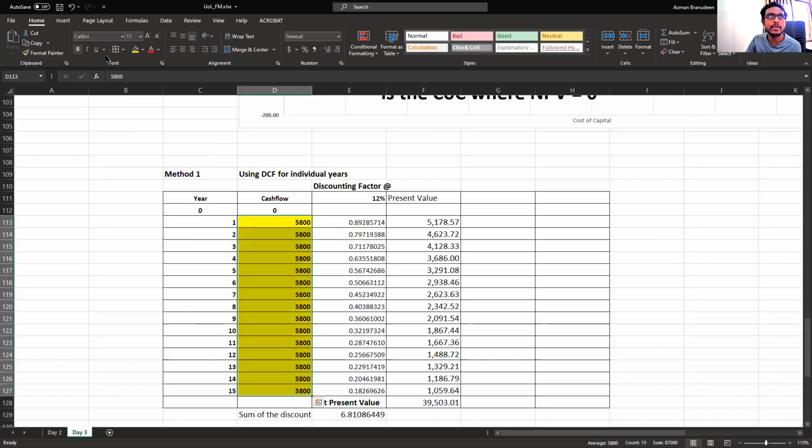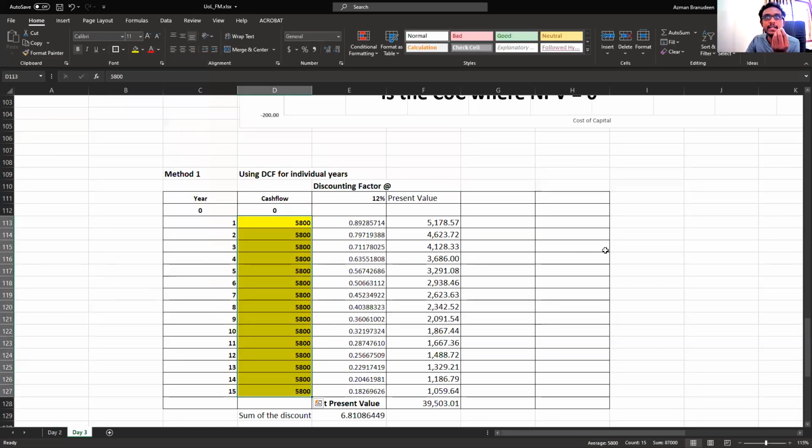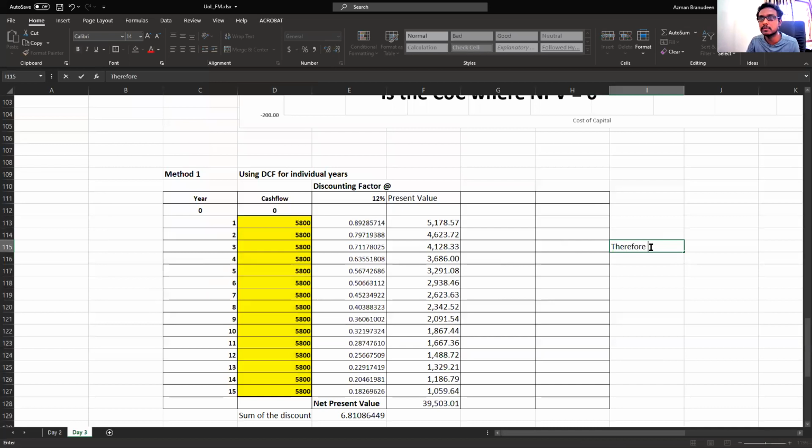By looking at this, can someone explain to me what an annuity is? Therefore, an annuity is what? A constant cash flow. Yes, equal.